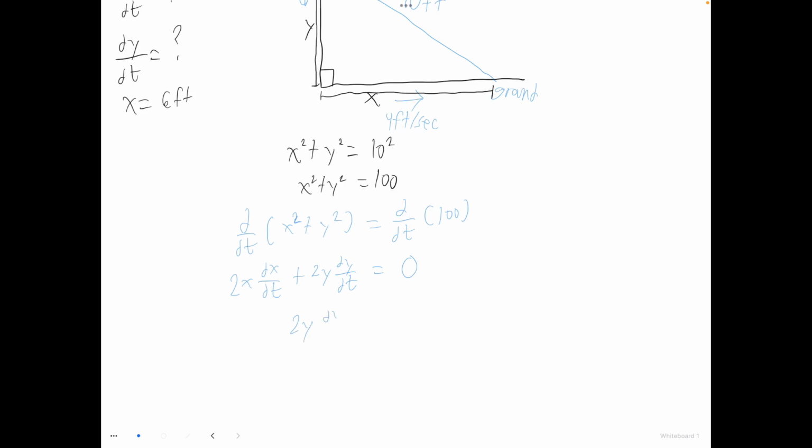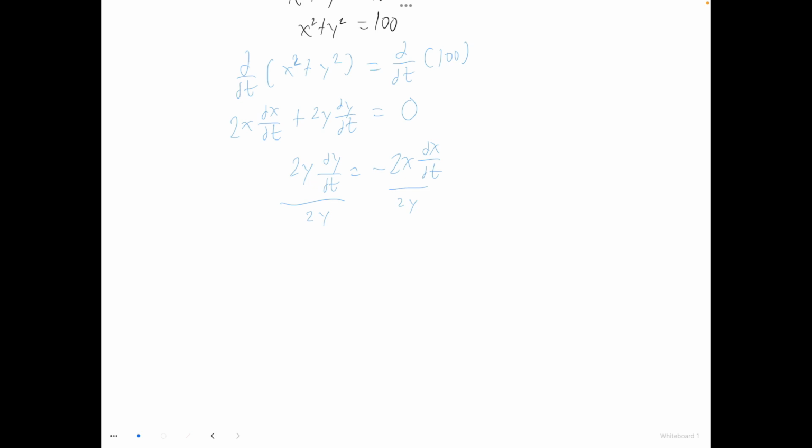So we have 2y dy over dt equals negative 2x dx over dt. Dividing both sides by 2y, we then get that dy over dt is equal to negative x over y dx over dt.